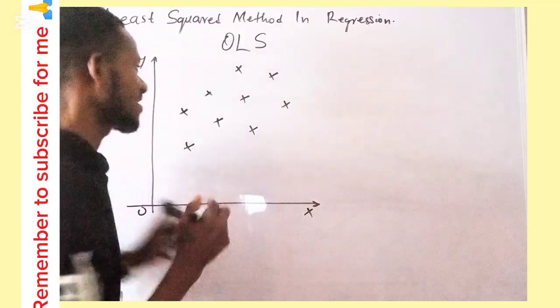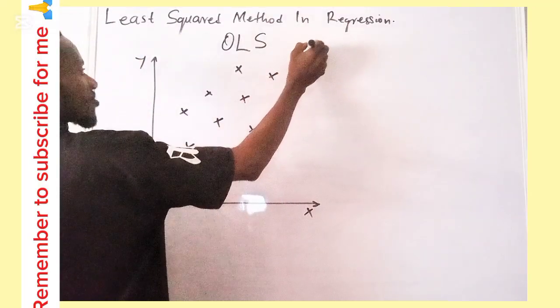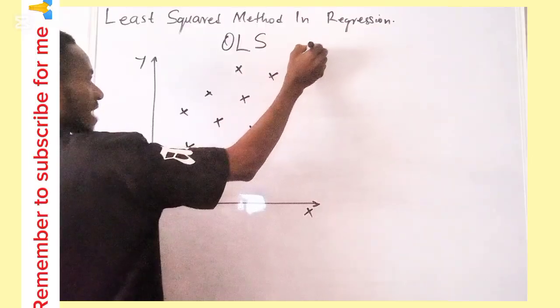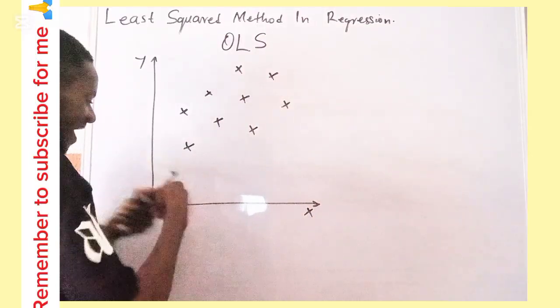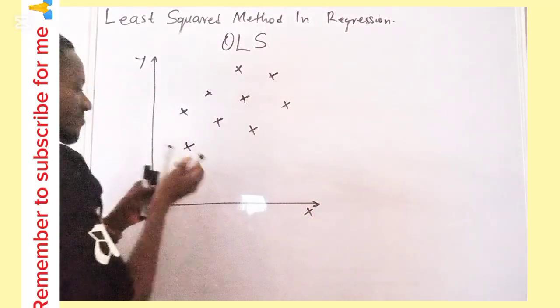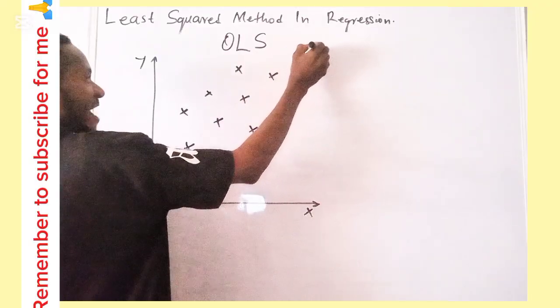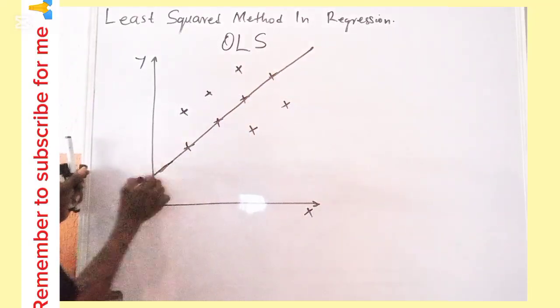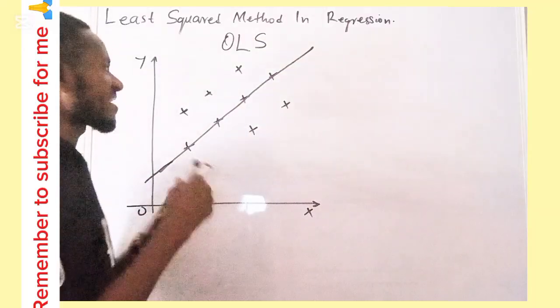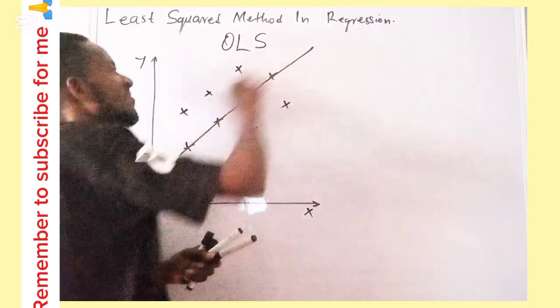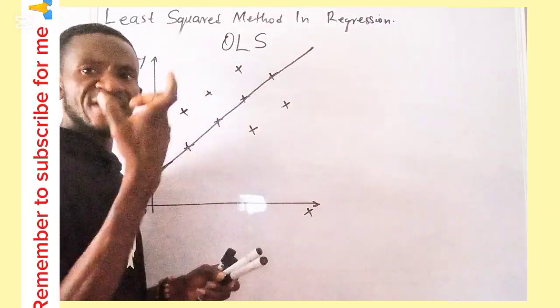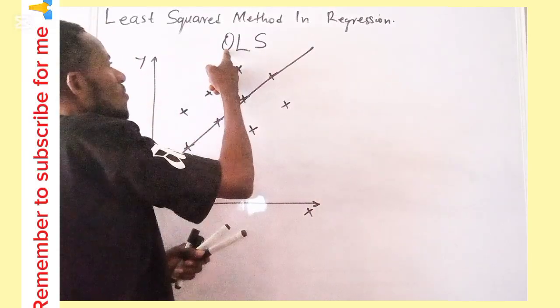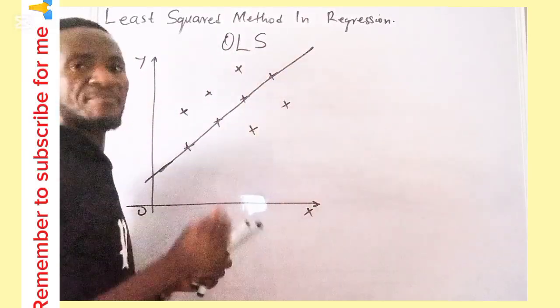For instance, if this is a regression line which we have established using a method called ordinary least square method.